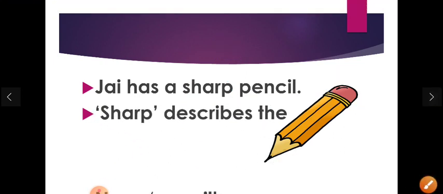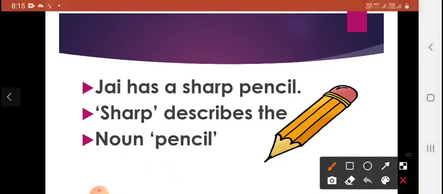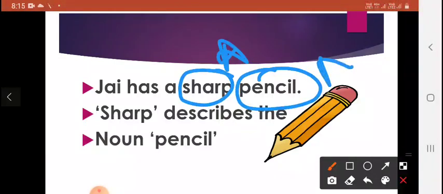It enhances the quality of the pencil, that this pencil is sharp. Here sharp is the adjective. As I told you, adjective means to add something to another word, that is, something added to the noun or the pronoun.